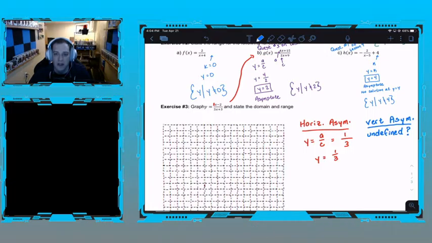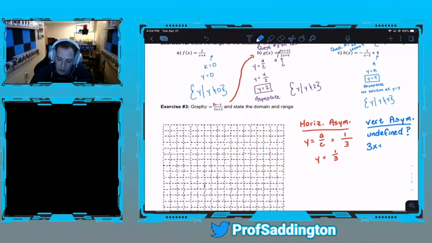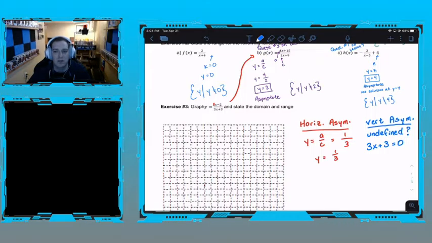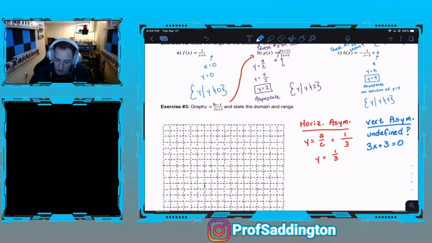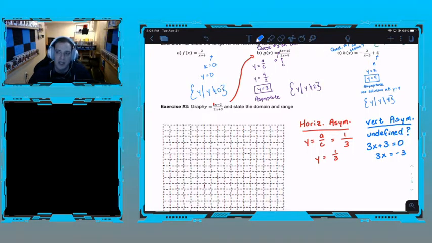To figure that out, we take our denominator and set it equal to 0, and then we just solve it. I'm going to subtract the 3 over to the other side. We'll have 3x is equal to -3, and then we divide it all by 3, and it comes out to be -1.